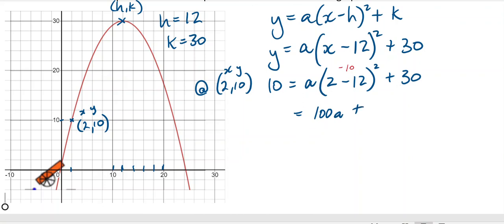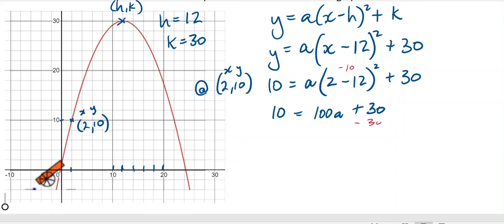We've still got plus 30 on here, so that takes care of everything in the brackets, and over on this side we've still got our 10. Now we've just got a simple equation that we need to solve. So we look at it and say, what's happening to a? A is getting times by 100. It's then having 30 added.